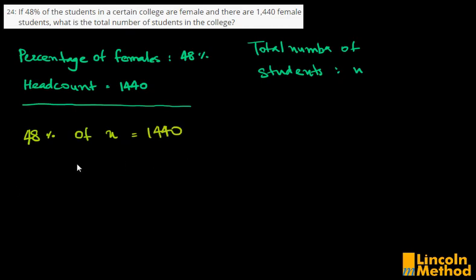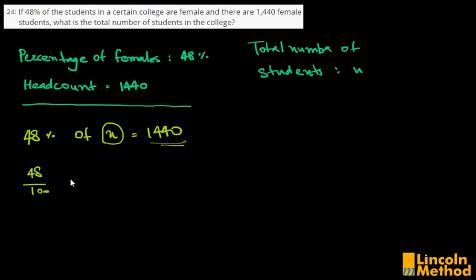1440. Now if we solve for x, we should get the total number of students, because 48 parts out of 100 of this total number is 1440.